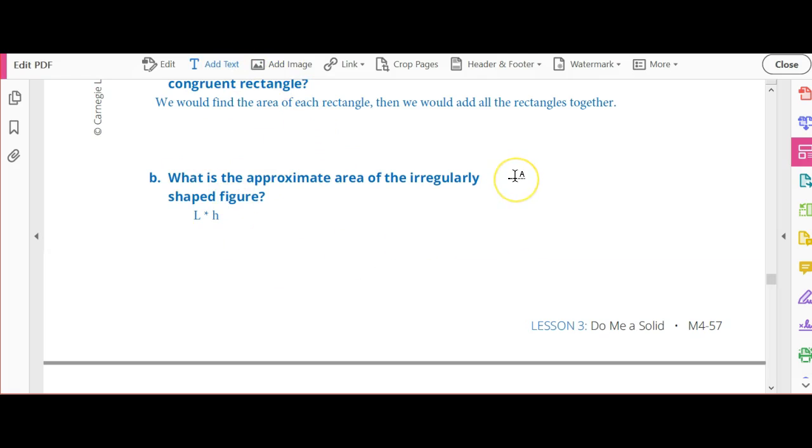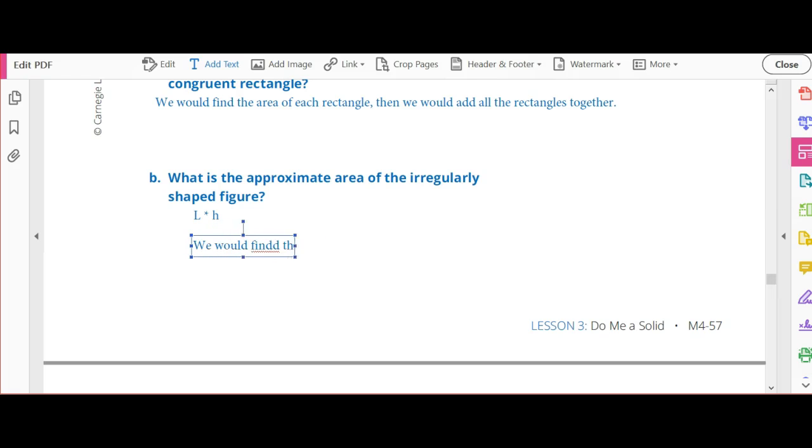Well, it is actually 10 times the length times the width. Whenever we find the area of one rectangle, we would then multiply by 10. So I'm going to write that out.